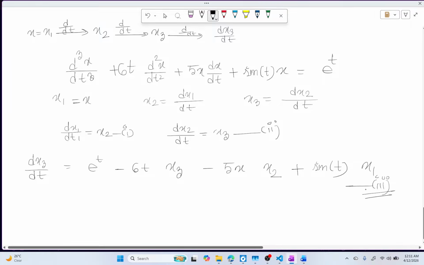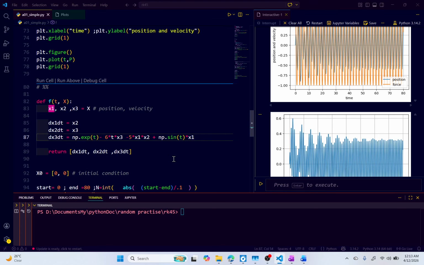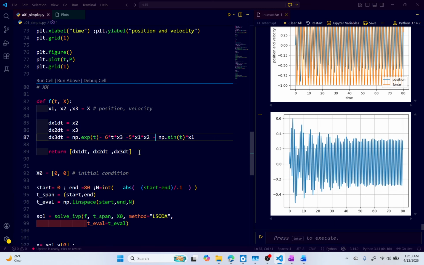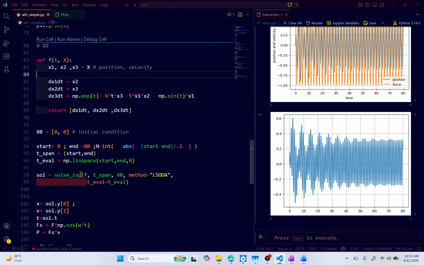Okay, so let's modify our code. Okay, I did some mistake here. First of all, here I have to write minus, and here x is basically x1. So let me write here x1. Okay, so now I have written the code here. So this is my code. So now I have 3 variables here, x1, x2 and x3, and the function is f, which is called from here.